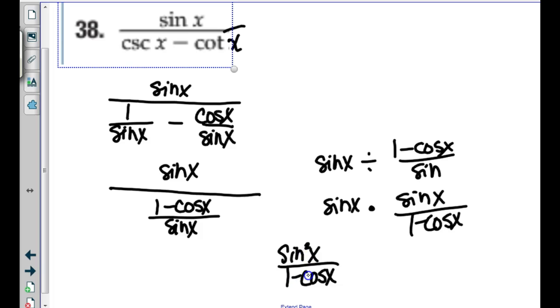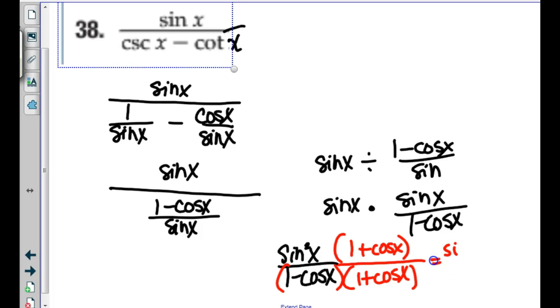1 plus cosine. Yes. So if we multiply top and bottom by 1 plus cosine of x, what will we get on the top? We'll just have a mess, sine squared, and a 1 plus cosine. I'm not even going to bother to distribute. But what do we get on the bottom when we FOIL that together?